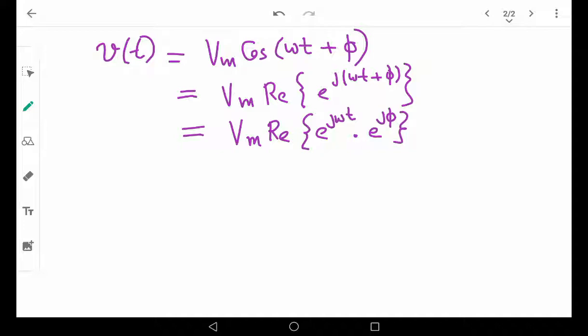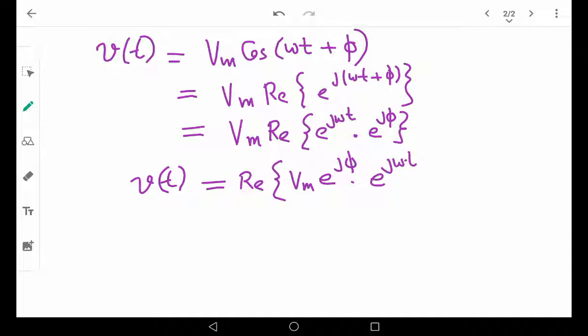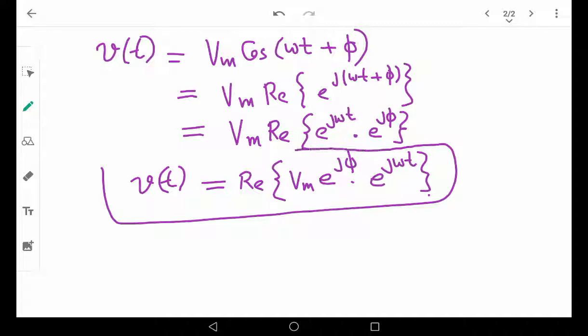So you can write v of t equal to the real part of Vm e raised to j phi, simply changing the order, times e raised to j omega t. So you can write the relation like this.